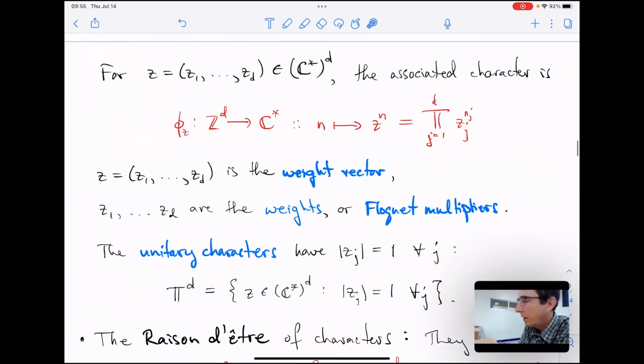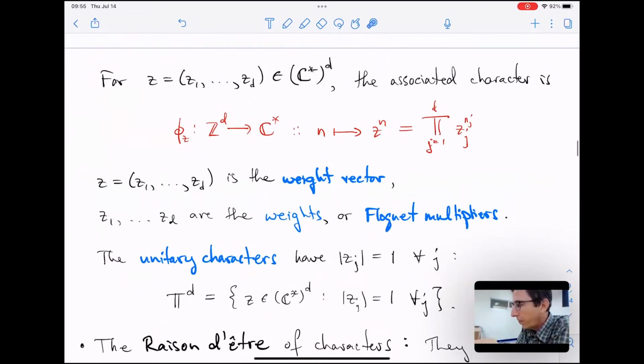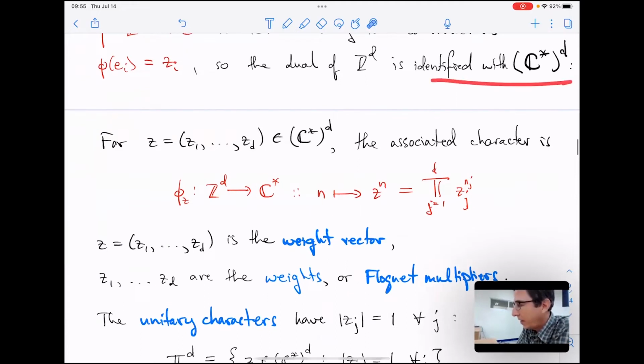Now, repeating what I said more explicitly, for any z in (C*)^D, there's an associated character, phi sub z.